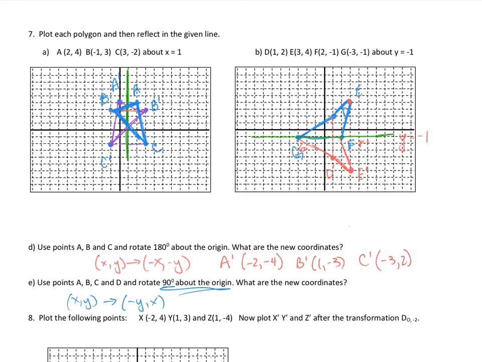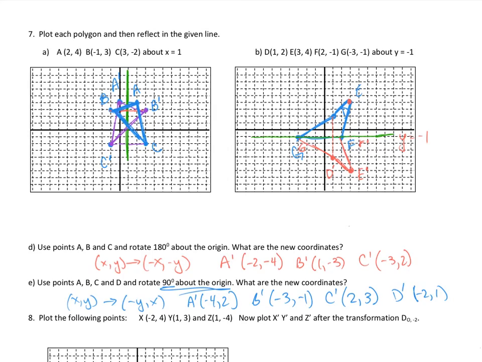Point A ends up being negative 4, 2. That's A prime. B prime ends up being negative 3, negative 1. And C prime ends up being 2, 3. And we could do the D prime. The D prime ends up being negative 2, 1.